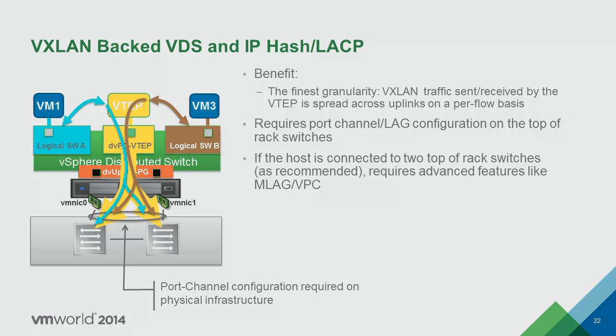There is nothing else to notify in case of failure. So convergence is fast and potentially the load balancing is very efficient. That's not the one we're going to recommend as a first choice, and let me tell you why. The reason is that in order to make this work, we have a single VTEP. My VMs are talking to this VTEP, and now the VTEP itself is doing a flow-based hash and is capable of selecting one of the uplinks.